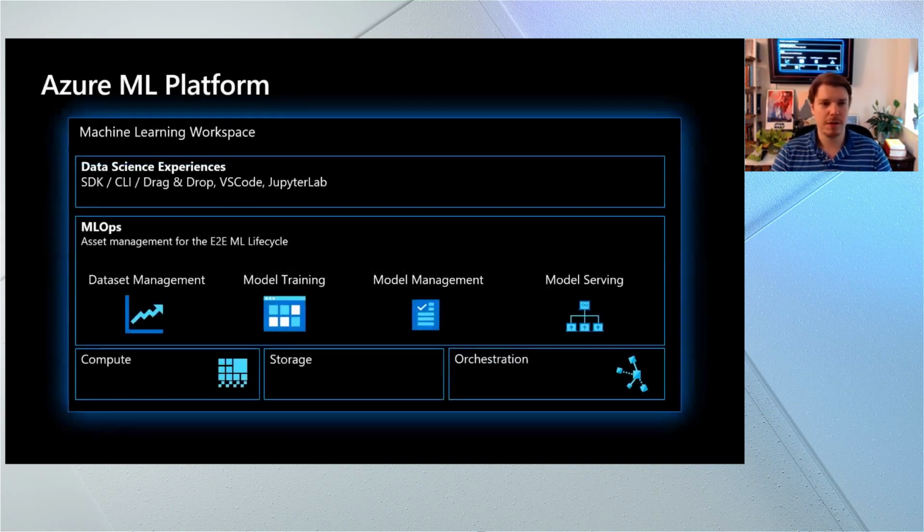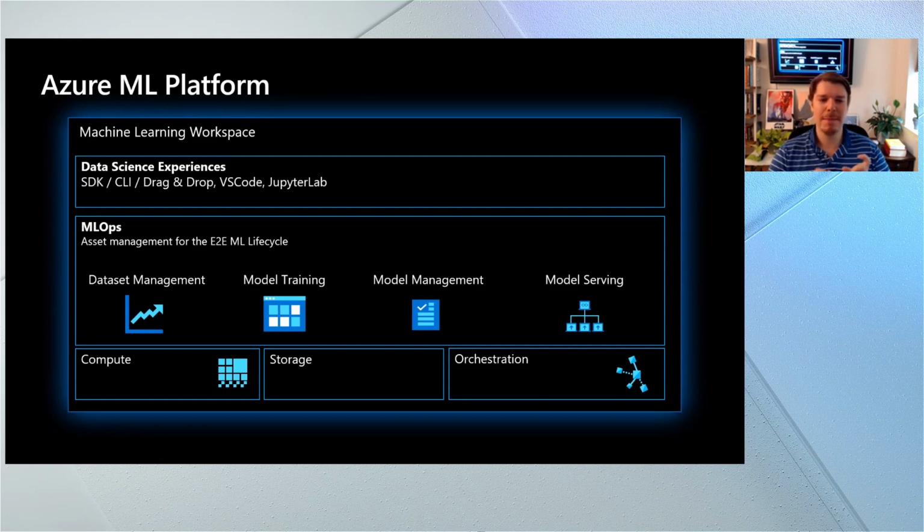So, continuing onward from there. When we talk about the machine learning platform on Azure, we see it as consisting of the following components. On the top, you have different experiences for data scientists. We have a Python SDK, a command line interface, a drag and drop designer UI, as well as integration with the development environments that are most common amongst data scientists, like Visual Studio Code and Jupyter Lab.